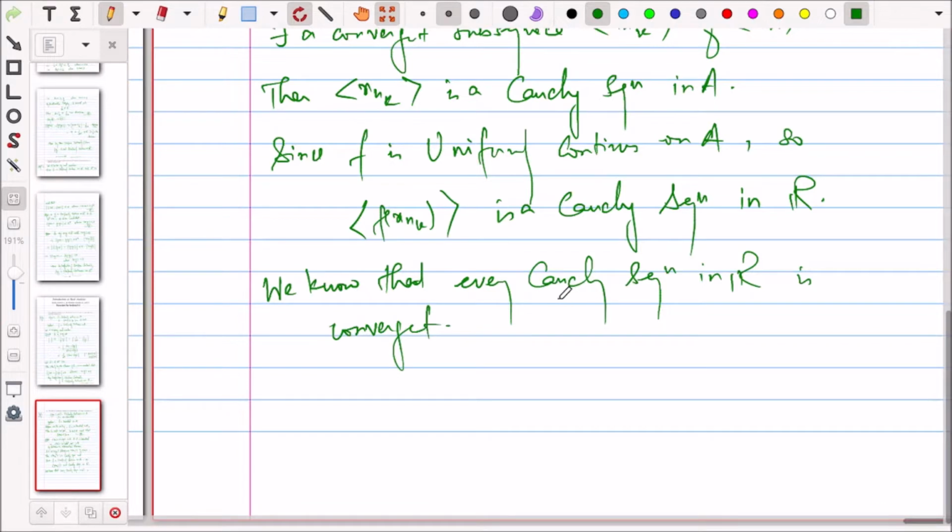In fact, a sequence in R is convergent if and only if it is a Cauchy sequence. So f of x_{n_k}, being a Cauchy sequence, is convergent, that is, has a limit.